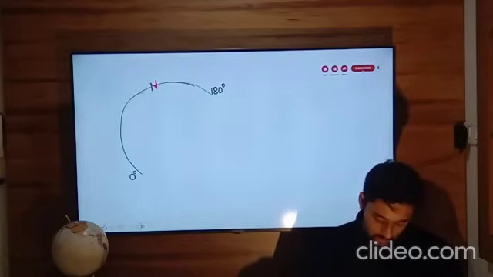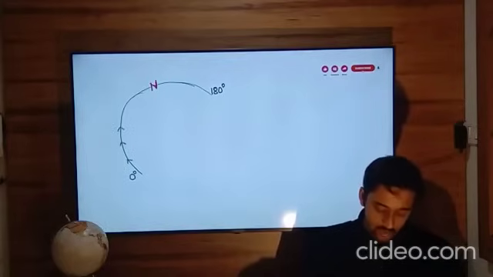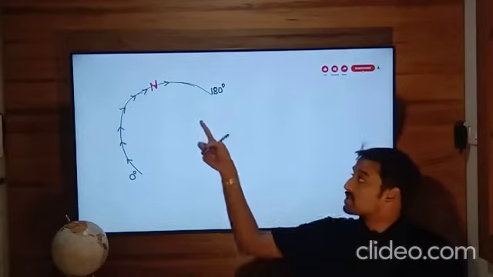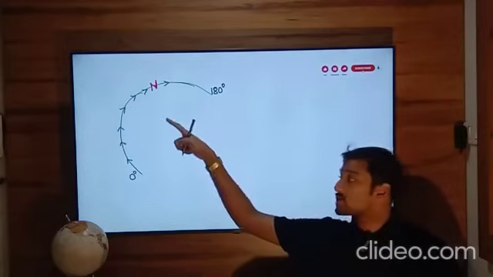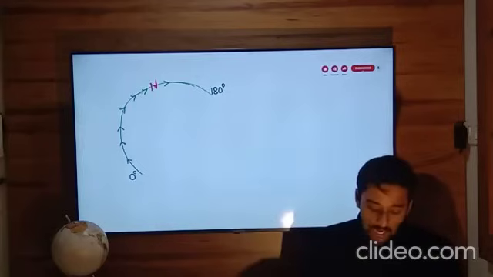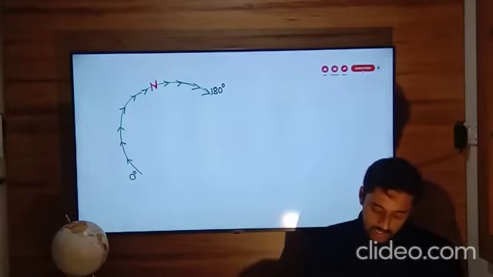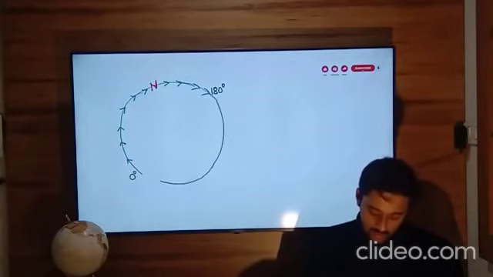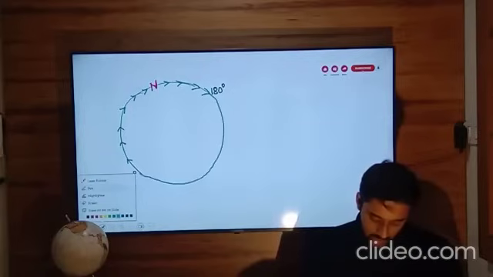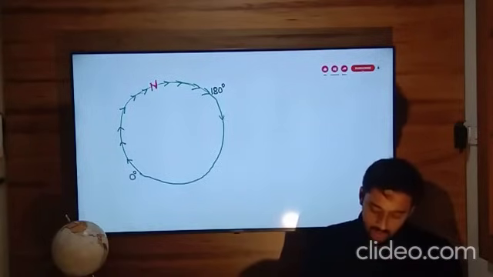So when you travel along a meridian and pass through the pole, you will automatically transition to another meridian, its opposite, which will be its anti-meridian. And so on and so forth. If you continue this 360 degree circle, you will soon reach the point from where you started.